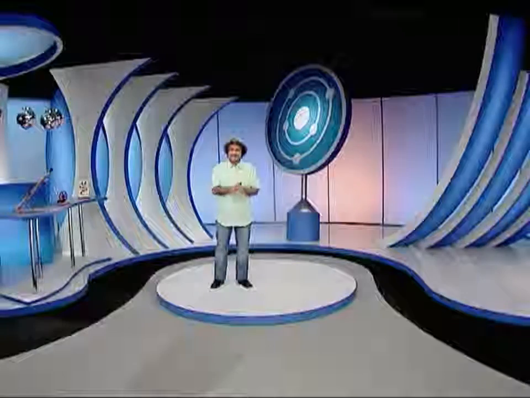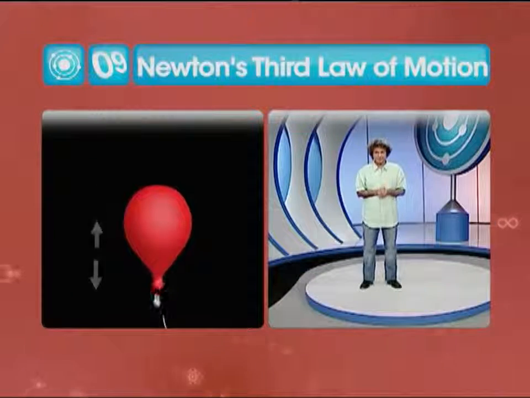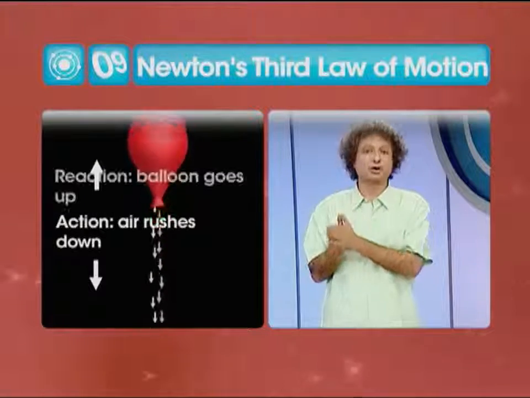Therefore, we can say every action applied by a body on a second body results in an equal but opposite reaction by that second body back on the first body. I mean, you just have to push me to find out what the reaction is. Now we know that for every force, there is an equal and opposite force.